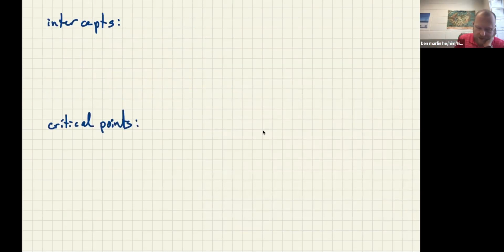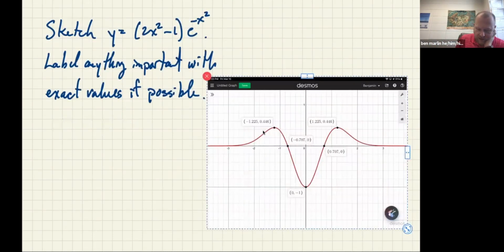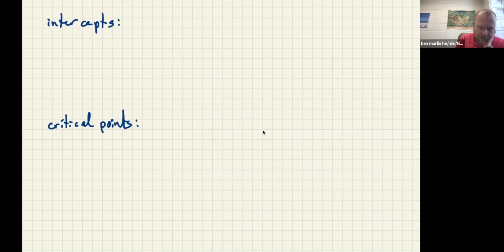All right, then I'm going to go through and try to find some of these things. So intercepts, y'all can see on there that we have 0, -1, and this plus or minus 0.707. So the thing I'm going to do is find my y-intercept by setting x equal to 0.